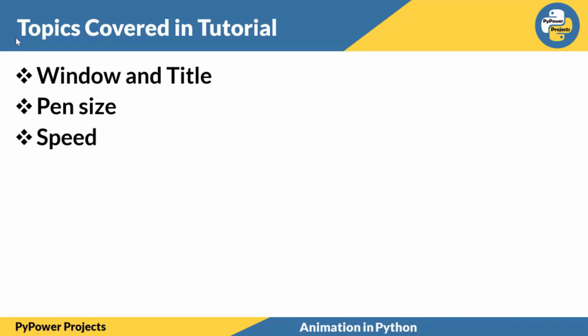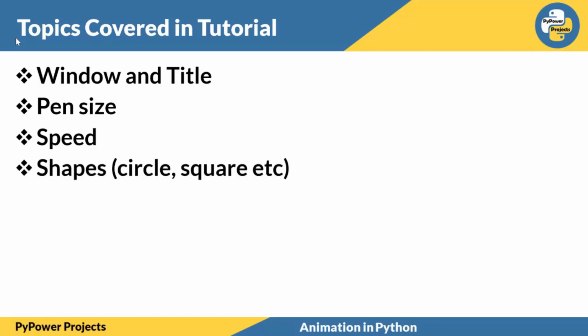Then third we will see speed. While drawing major animations or major designs, we need control over the speed, what speed the cursor or pointer should move, so that it looks like a beautiful design and attracts the user. So speed matters a lot, we'll look at the speed.